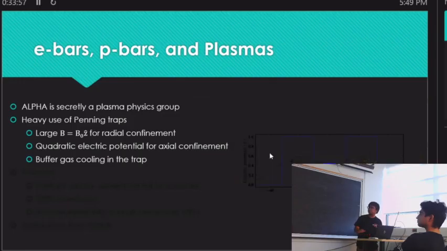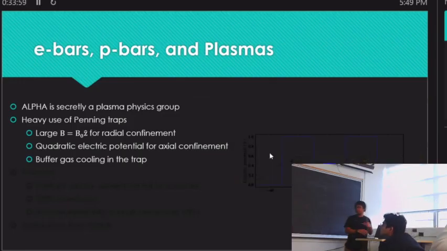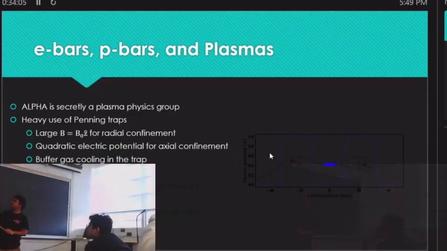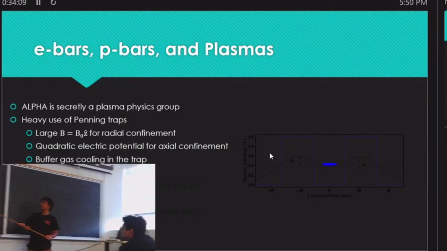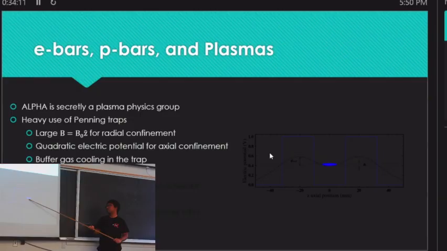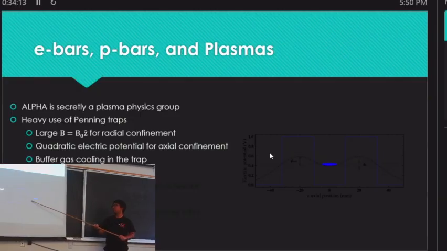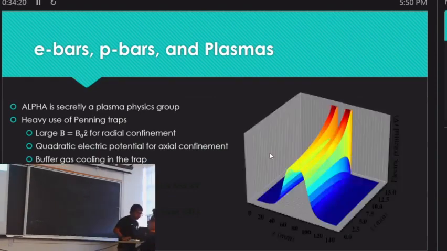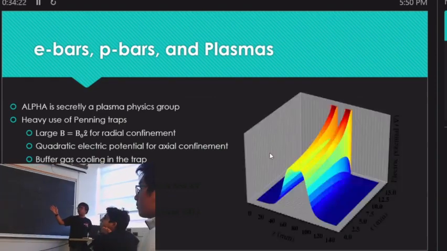You can see here, I know this isn't a great diagram, but the settings for the Penning trap. So here, say, we applied 0 voltage, here is 1, 0, 1, and obviously the voltage is continuous, so it looks something more like this. But the point is that your particles of interest would settle into either this minimum or this maximum, depending on their charge, of course. And so you have that. This is another view of what the potential looks like.